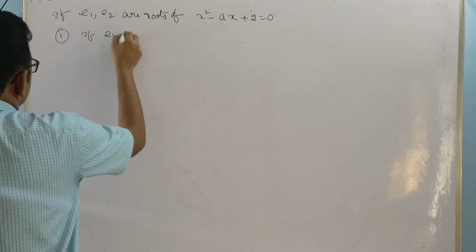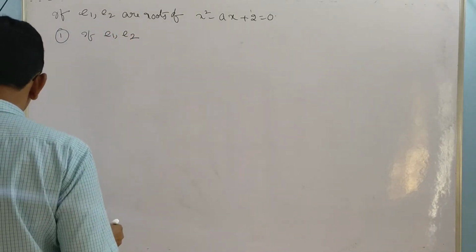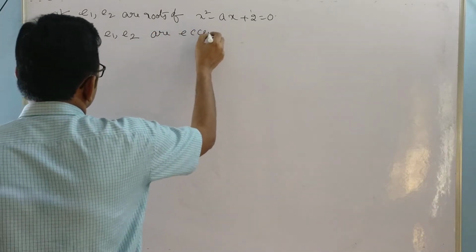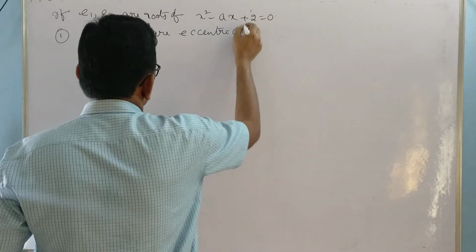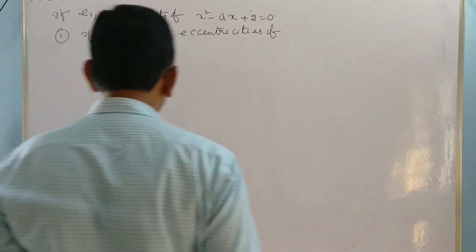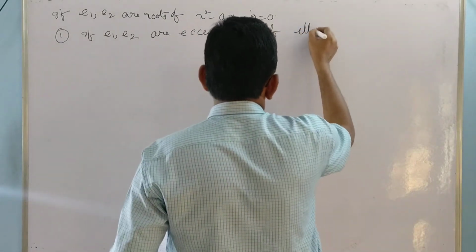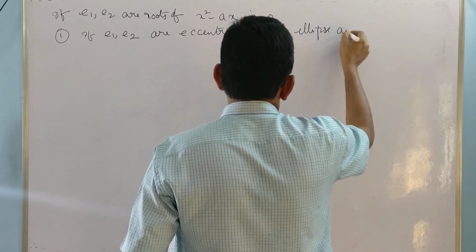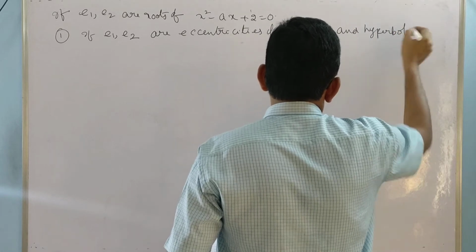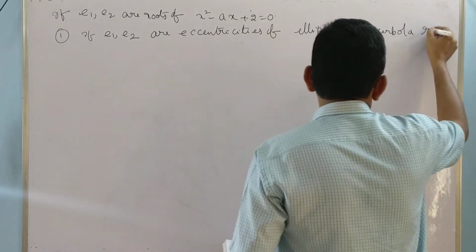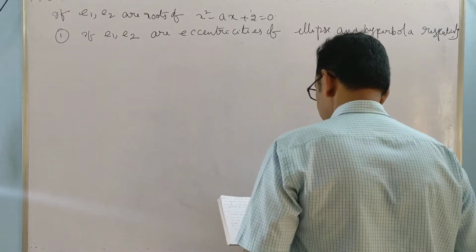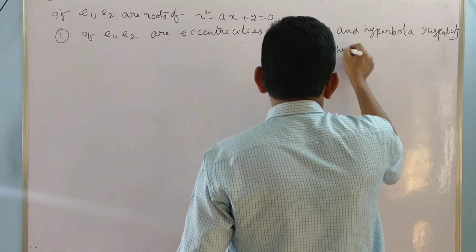If E1, E2 are eccentricities of ellipse and hyperbola respectively, then A belongs to, so this is the first question.